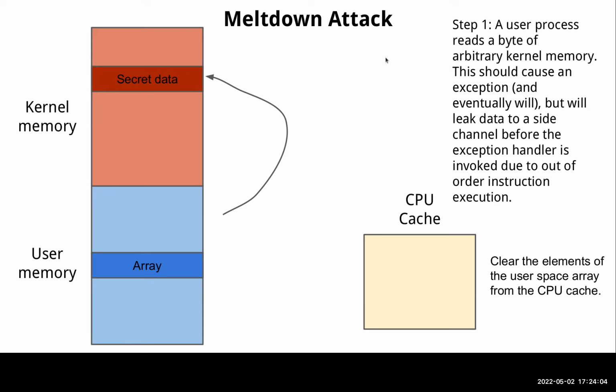The OS will throw an exception, and if you do not handle that exception, the OS will handle it and crash your program. If your program explicitly handles it, you don't have to crash. I will show you code later. Anyway, you try to access some secret, but you will not be able to.